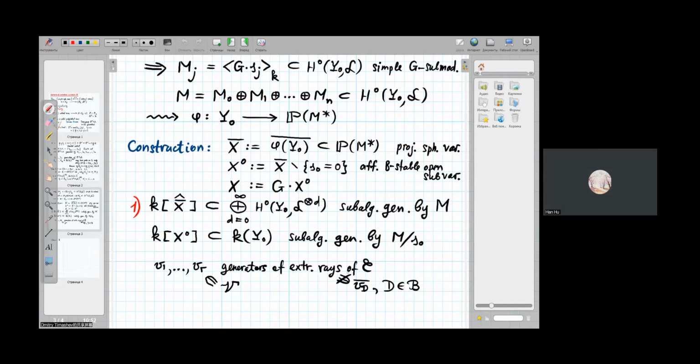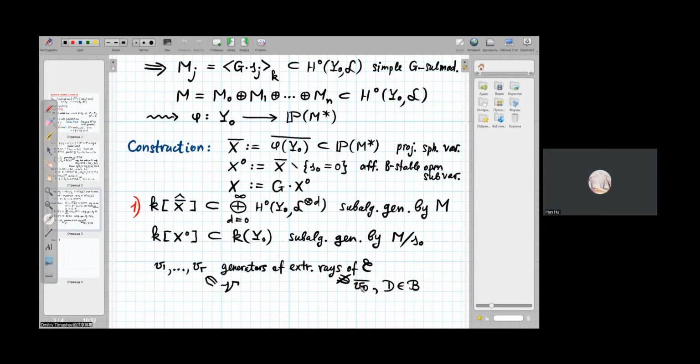By definition of the colored cone, this cone C is generated by all these vectors and finitely many vectors from the evaluation cone. So each extremal ray of this cone has to contain one of these generators.